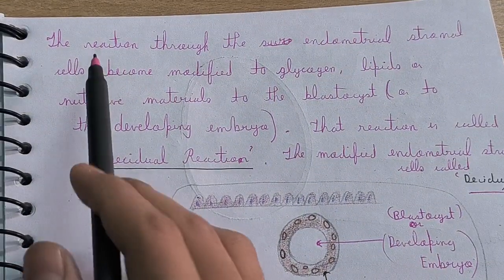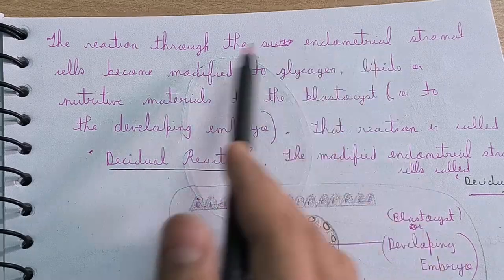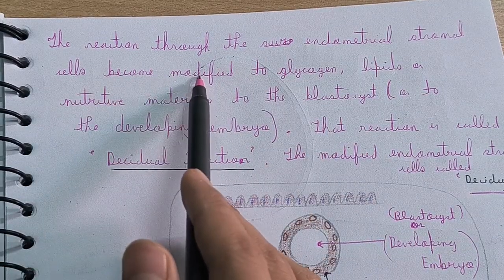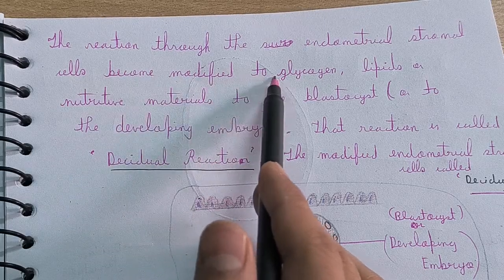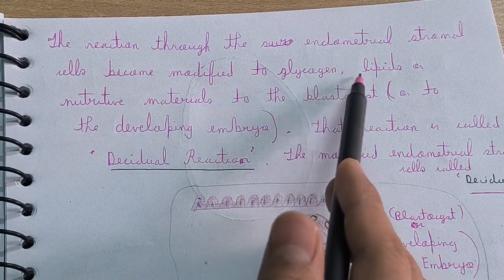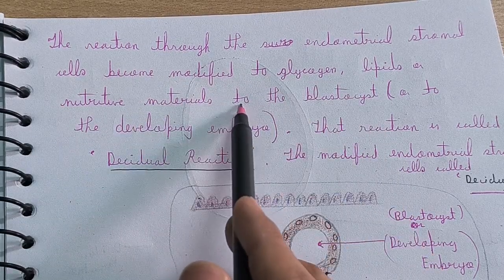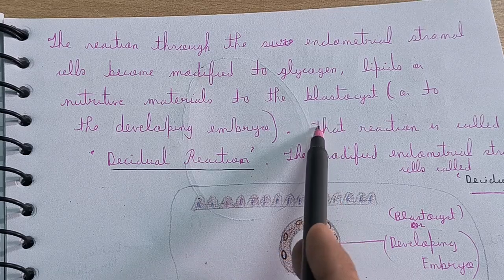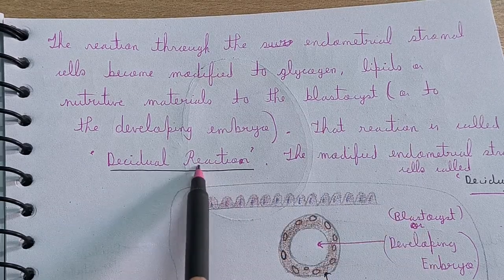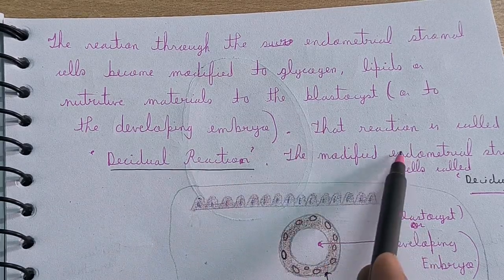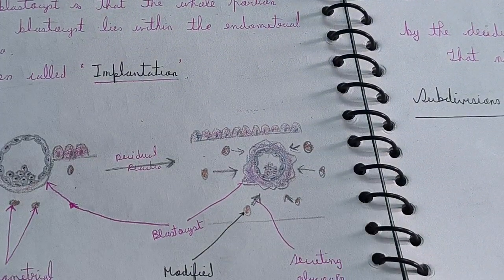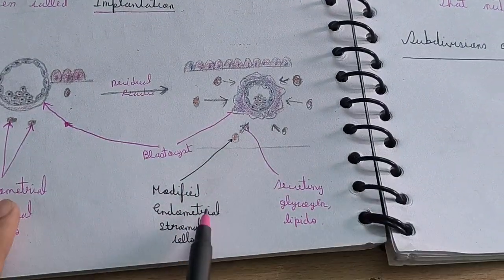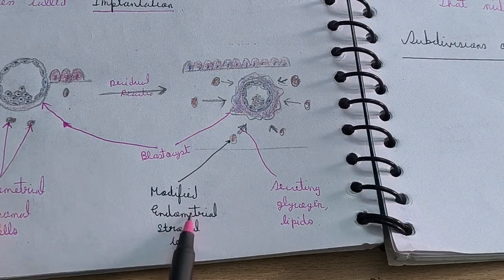Through this reaction the endometrial stromal cells become modified to secrete glycogen, lipids or nutritive materials to the blastocyst, and that reaction is known as the decidual reaction. And the modified endometrial stromal cells are known as decidua.